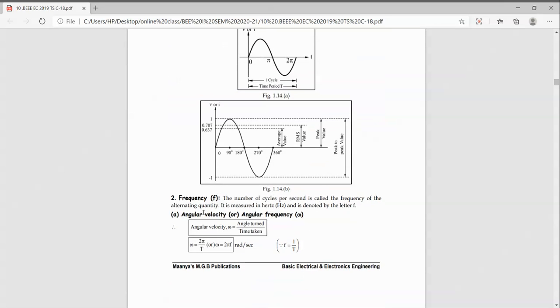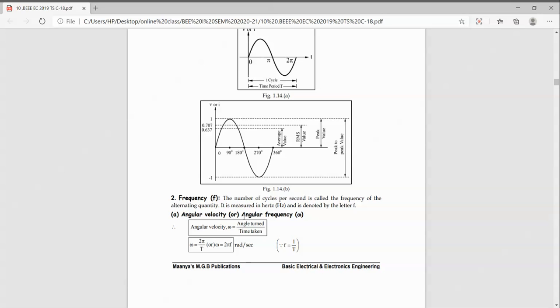And frequency, what is frequency? Frequency is the number of cycles per second of an alternating quantity, and it is measured in hertz and denoted by the letter f. Per second, how many cycles are involved, that is the frequency.